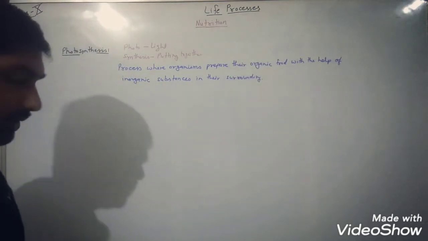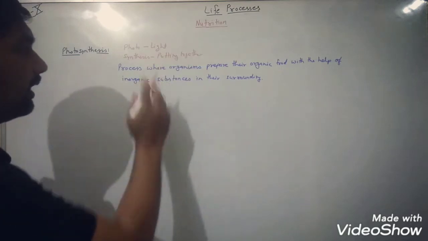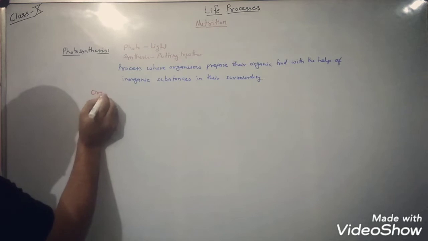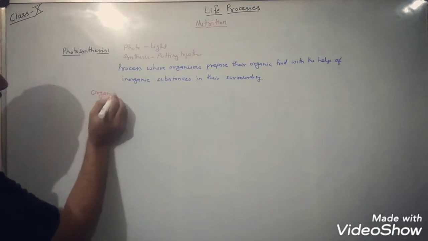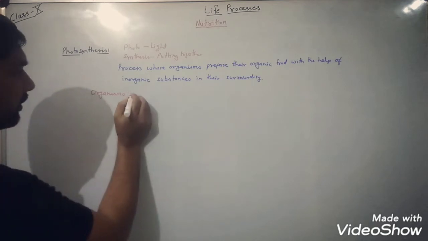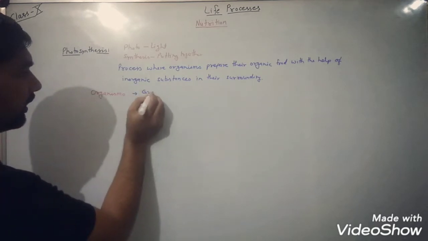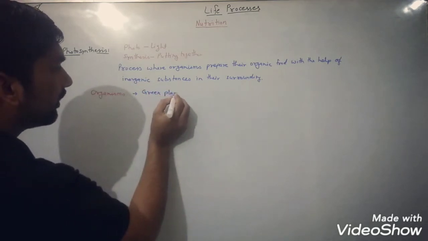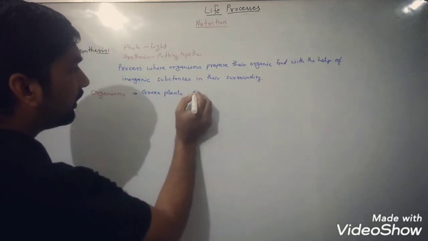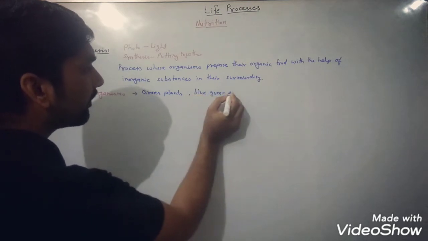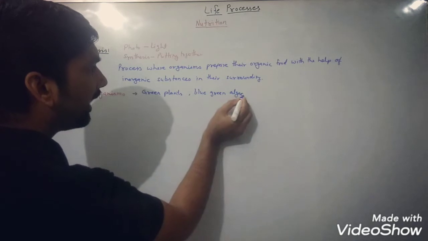Now, what are these organisms which represent this process? Two types: all green plants along with blue-green algae.